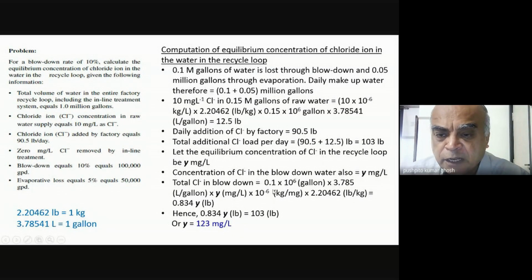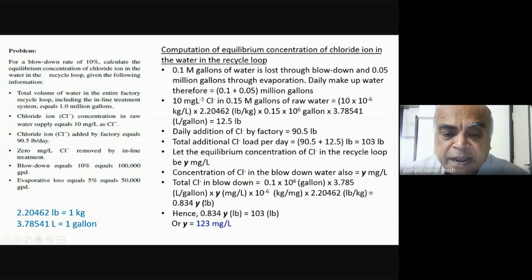Then gallons is converted into liters, 3.785 liters per gallon, multiplied by y milligram per liter, expressed in kilogram, 10 to the power minus 6 kg per milligram, and multiplied by 2.204 pounds per kilogram. If you multiply, you'll find 0.834 y.